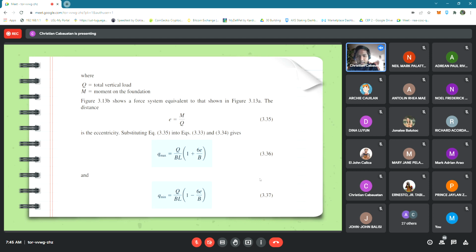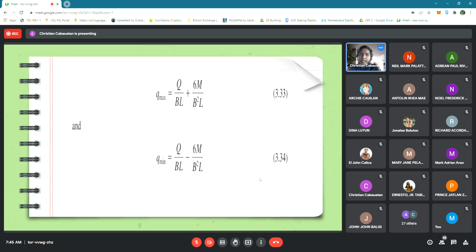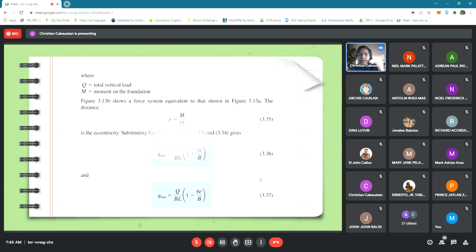By substituting E to this formula, okay, dito sa Qmax and Qmin, the Qmax, it is equal to the Q over B times L, okay, times 1 plus 6E over B. Okay? Nilabas na lang natin yung common sa kanila.